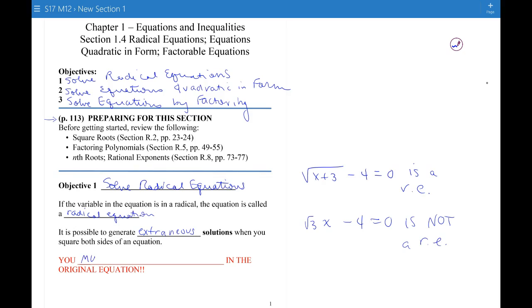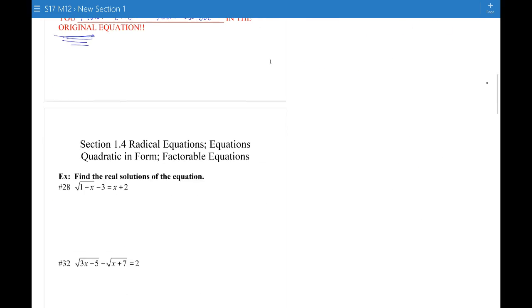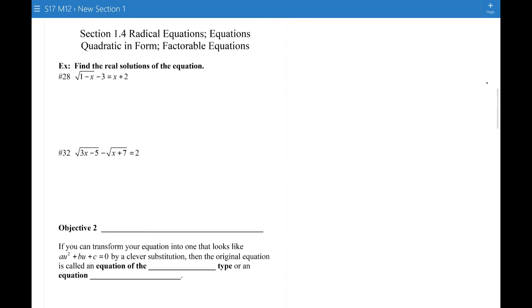So you must check your possible solutions in the original equation, not in any of your steps along the way, because it's possible to generate these extraneous solutions that don't work in the original equation. So we'll talk more about that when we look at some examples. We're going to look at examples like this in class, and I want to do these together so we can talk about them as we're going through them.